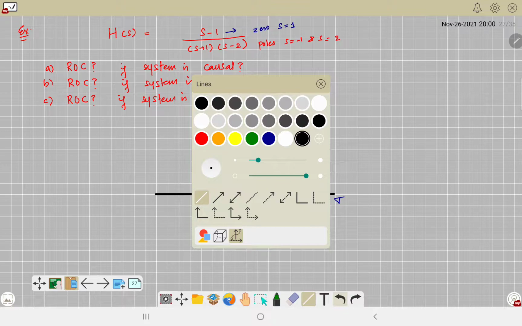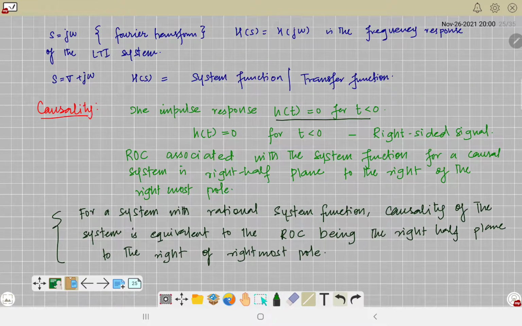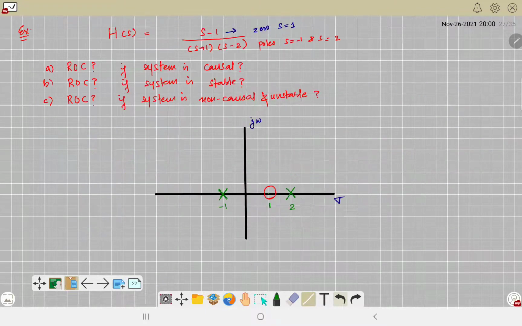Okay, now the first case: he wants the system to be causal. Now the definition of causality in terms of ROC is that the ROC of the associated system function should be the right half plane, to the right of the rightmost pole.